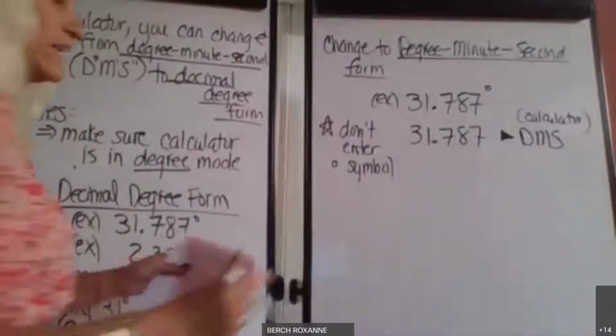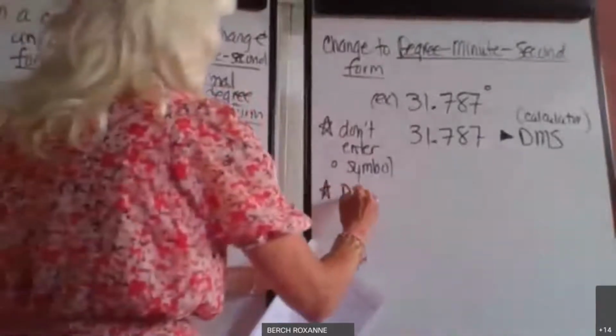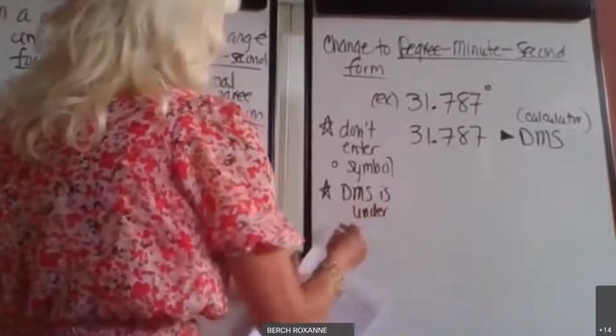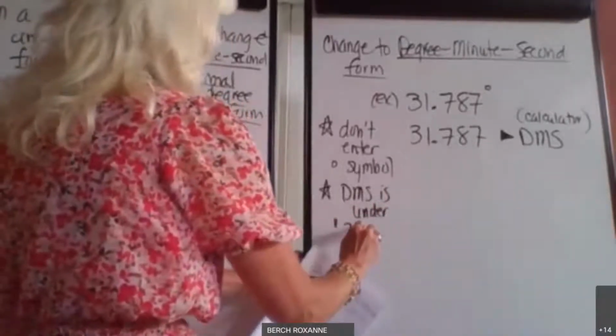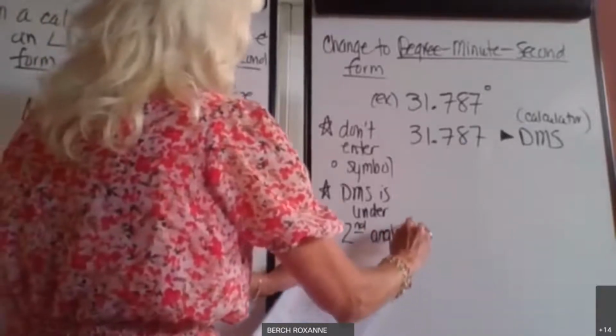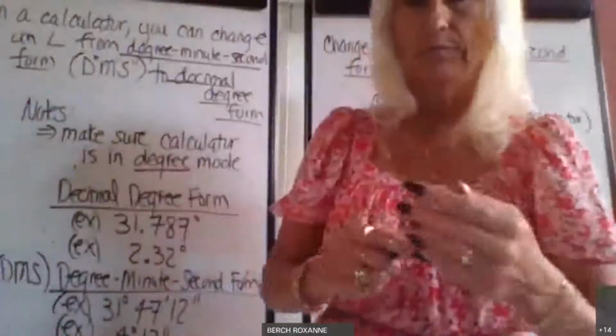So where is the DMS key? It's under second angle. Now, let me talk about something for a minute with the calculator.